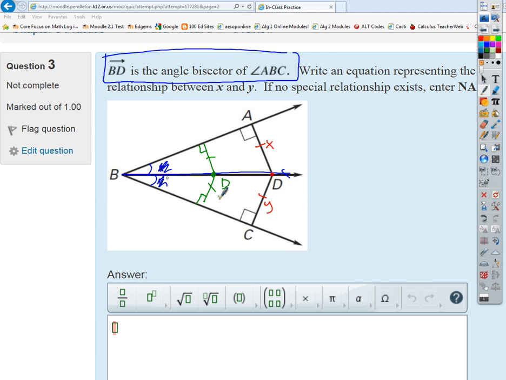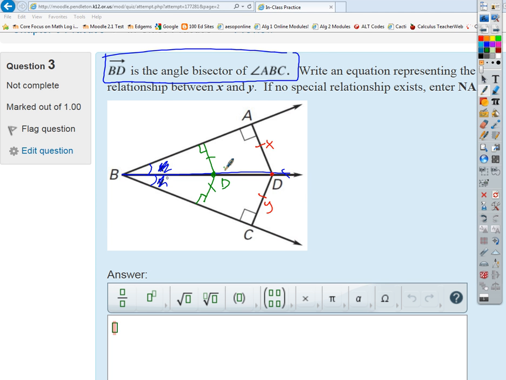What if we asked about the distance AB and AD? No relationship, right? We might make them look similar, but that's not what the theorem tells us.